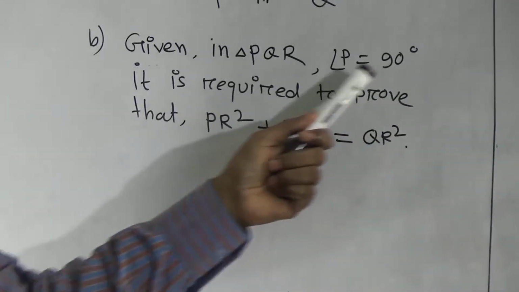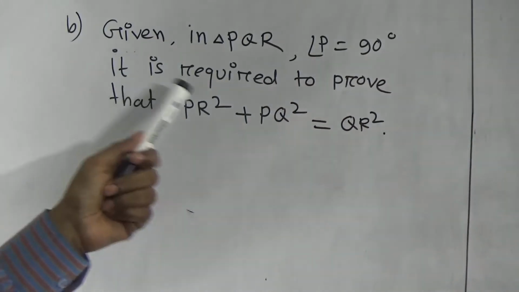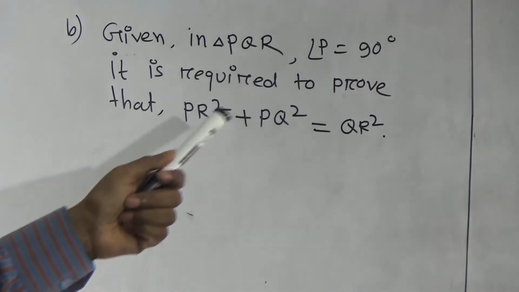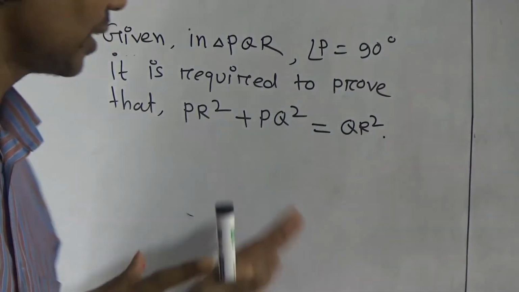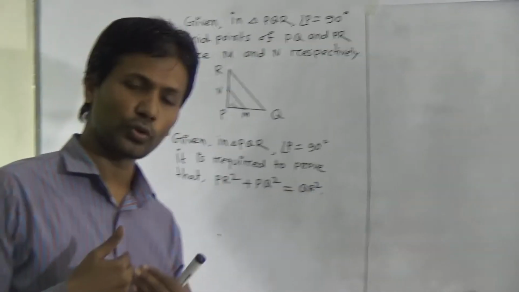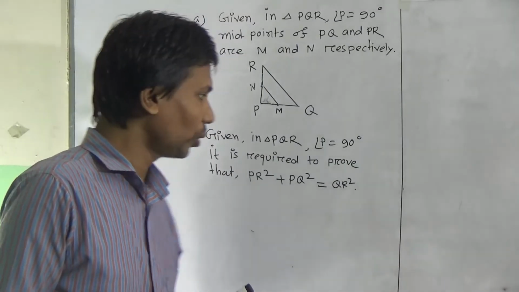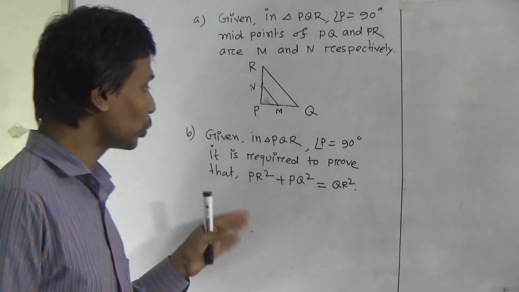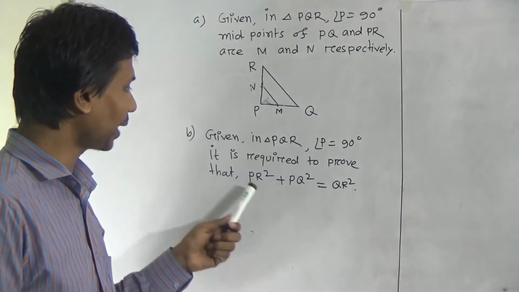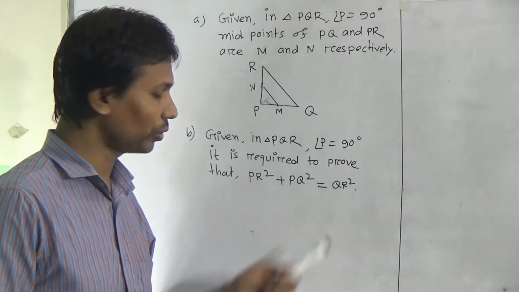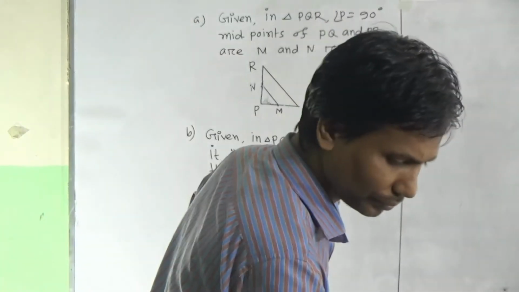Look, given in triangle PQR, P equal to 90 degree, it is required to prove that PR square plus PQ square equal to QR square. That means using these given information you have to draw a triangle.